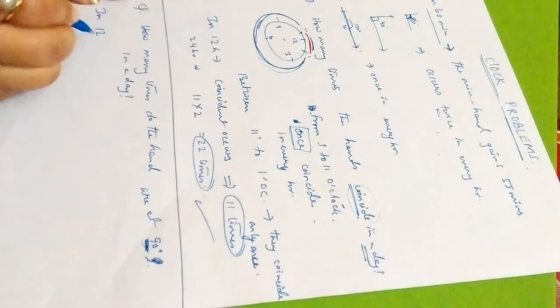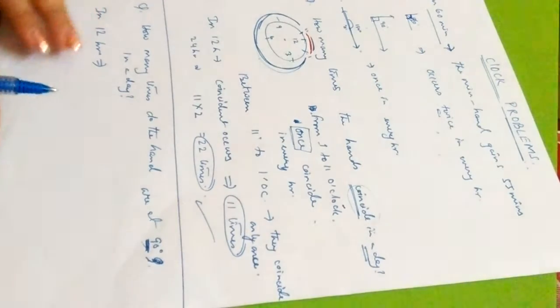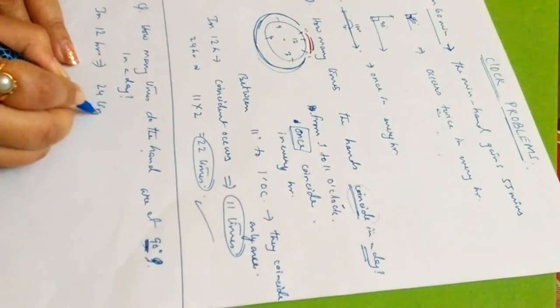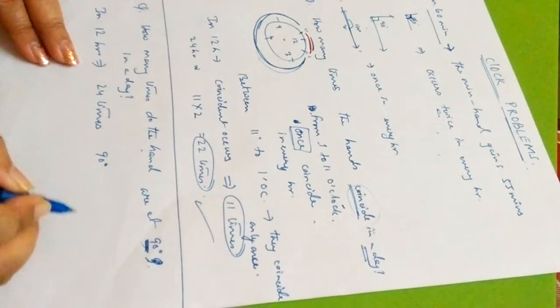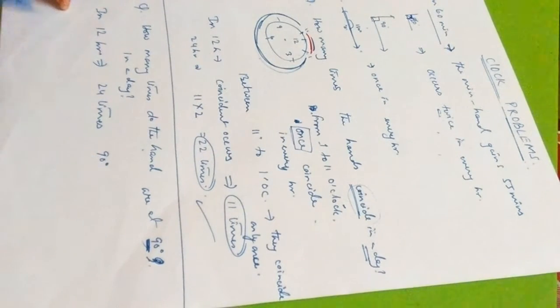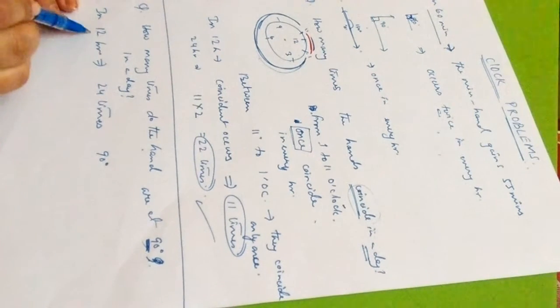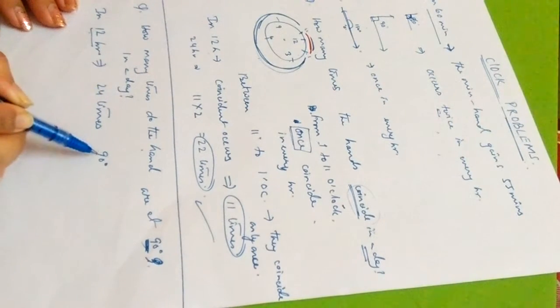So when we are talking about 12 hours, there will be 24 times 90 degree will occur, because in every hour 2 times 90 degree occurs.